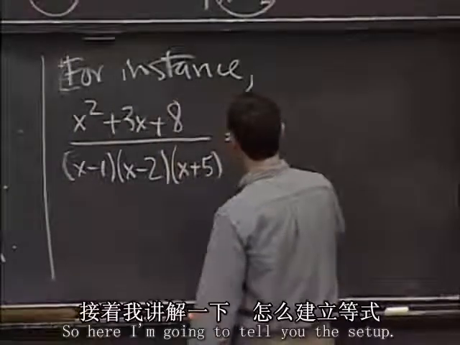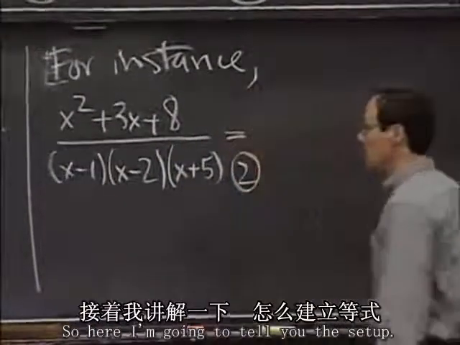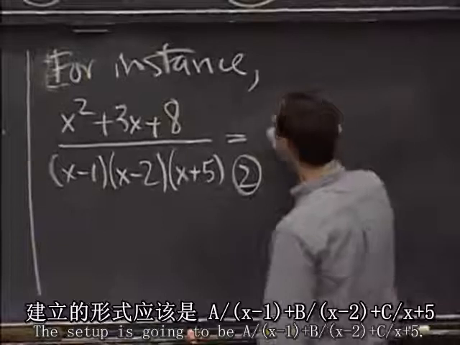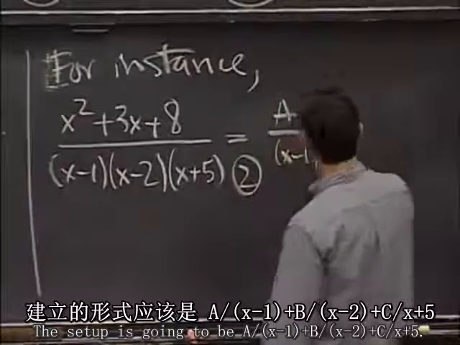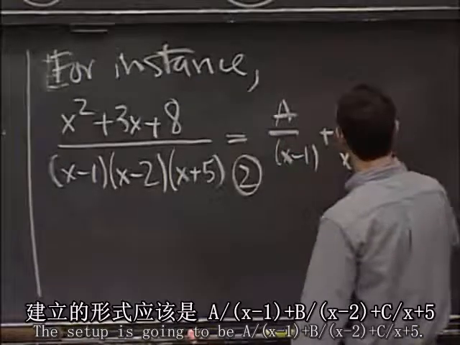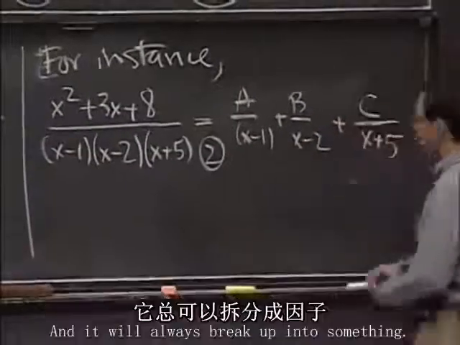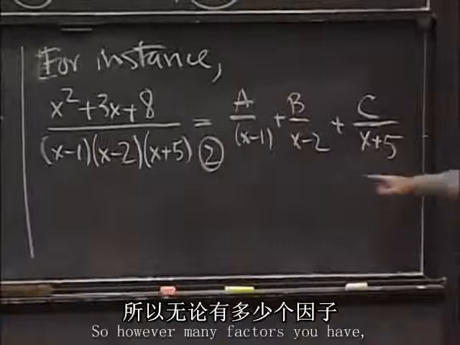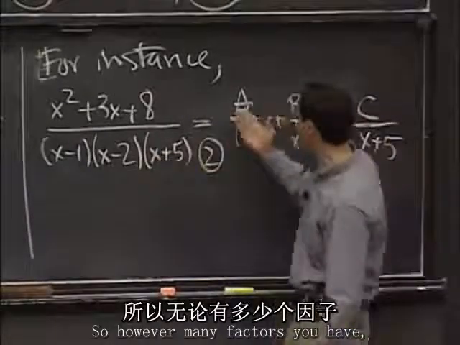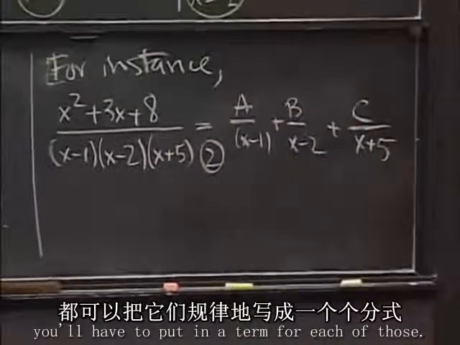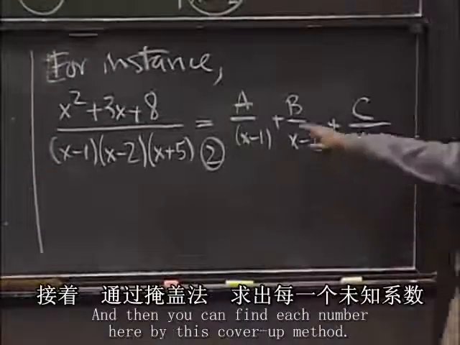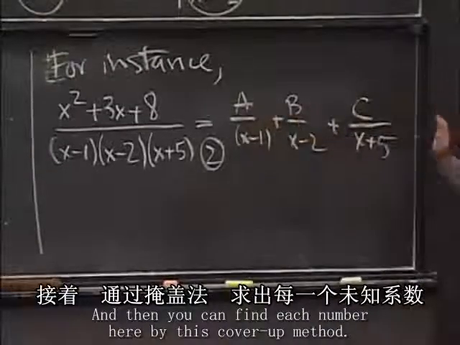So here I'm going to tell you the setup. The setup is going to be a over x minus 1 plus b over x minus 2 plus c over x plus 5. And it will always break up into something. So however many factors you have, you'll have to put in a term for each of those. And then you can find each number here by this cover-up method.